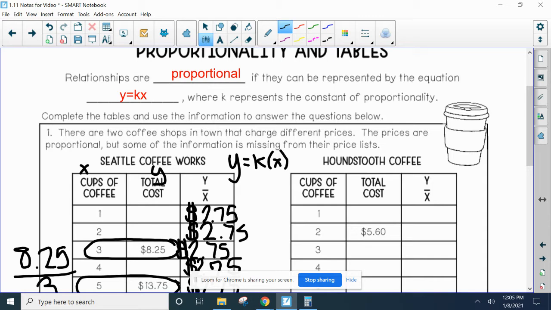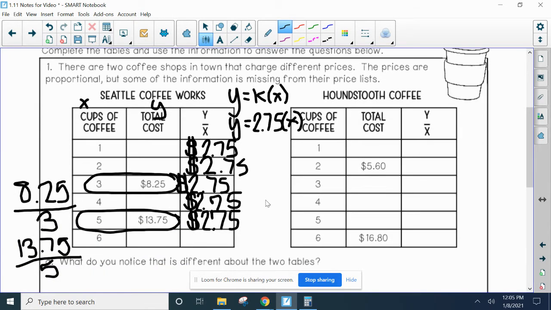So that missing cost is going to be equal to that 275 per cup times however many cups there are. So this is our relationship for our first table: y is equal to 275 times the number of cups.